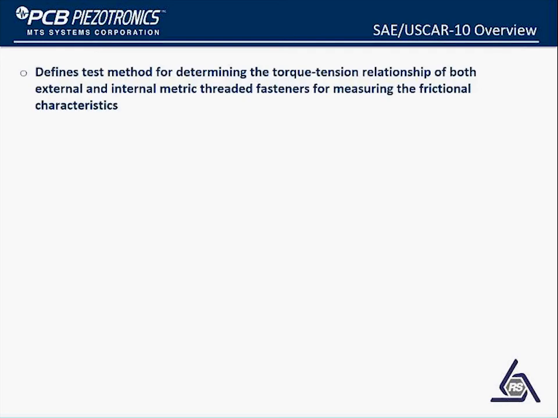Now let's look at some of the other test specifications that are pretty common in use. In the automotive business, the SAE USCAR-10 standard is pretty common. That defines the test method for determining the torque tension relationship of both external and internal metric threaded fasteners for measuring the frictional characteristics.